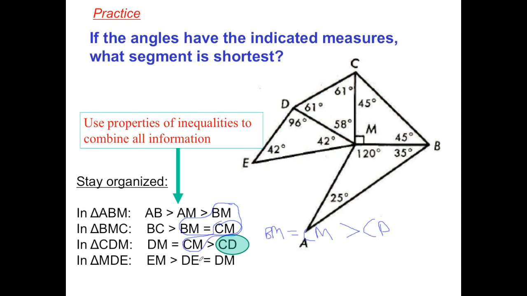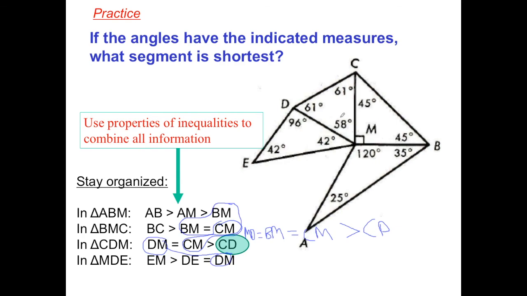In this one here, what's the common thread? Well, we know that MD is also in this triangle right here. And this equals CM. So MD equals CM. In fact, we actually have 3 segments that all have the same length. I never really noticed that one before. MD would have to be the same length because it's an isosceles triangle here with CM.